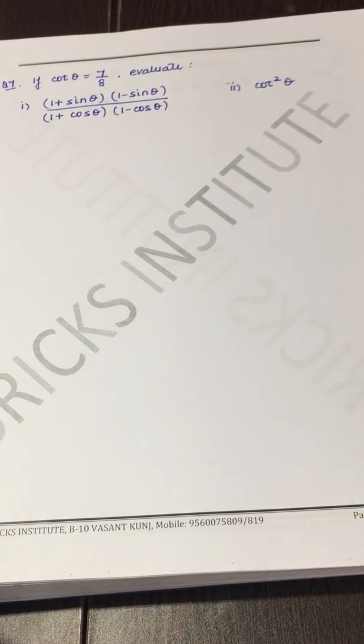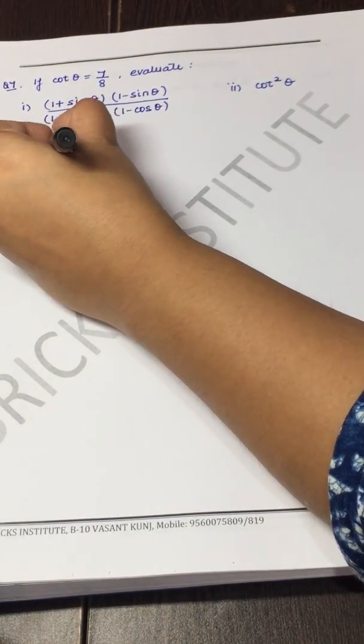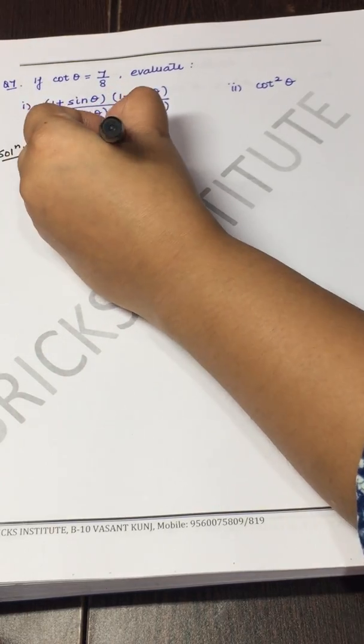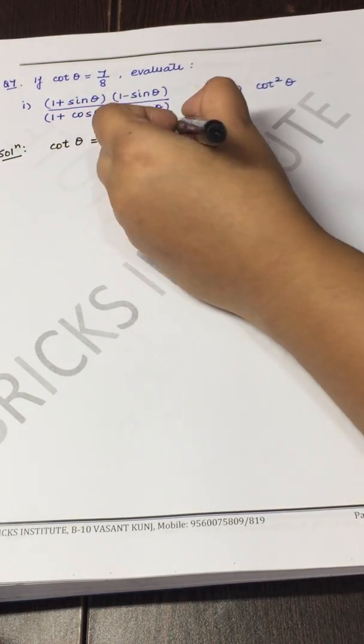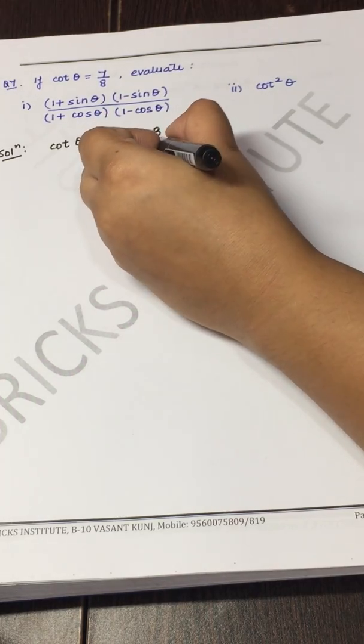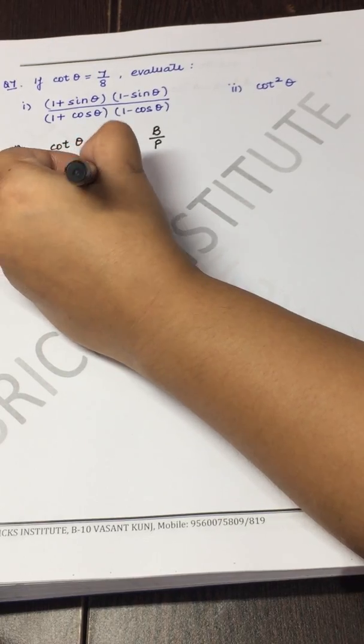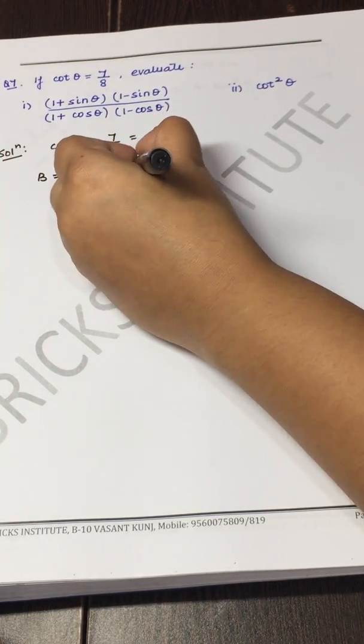Question number 7. So it says if cot theta is equal to 7 upon 8, you have to evaluate the following. So let's start the question. So cot theta is equal to 7 upon 8. That means this is equal to base upon perpendicular. So B is equal to 7K, P is equal to 8K.